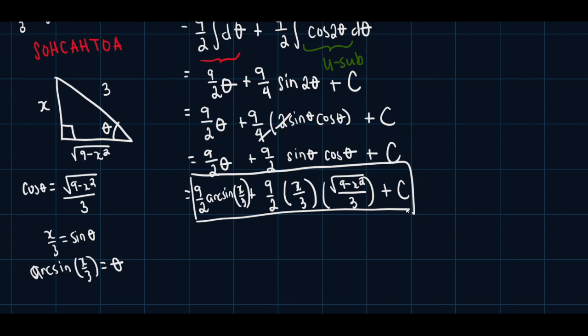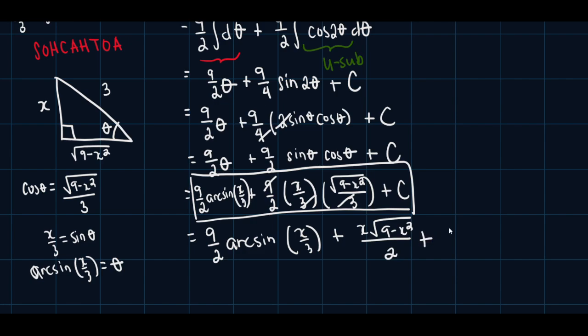Of course, we can simplify. Simplify na rin natin. So these will cancel out. So 9/2 arcsine x over 3 plus x square root of 9 minus x squared over 2 plus c.